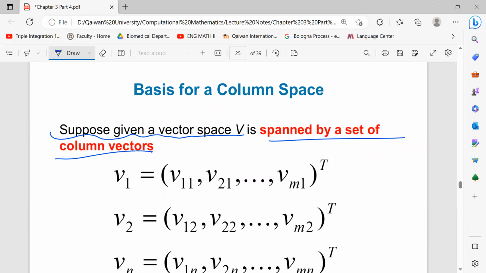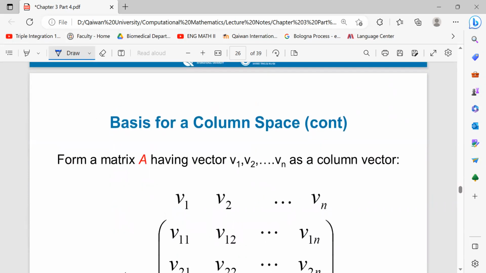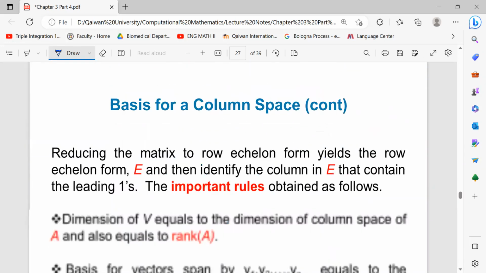In the previous one, we said V1 is row 1, V2 is row 2, and so on. But if it says column space, column vectors, here V1 is column 1, V2 is column 2, V3 is column 3, and so on. That's the only difference from the above one.